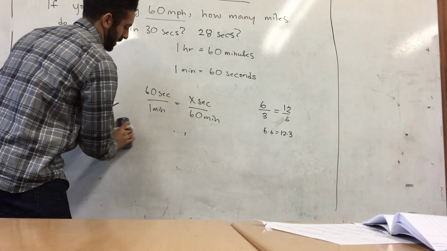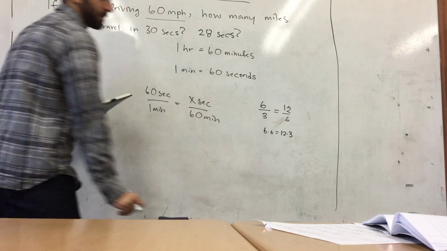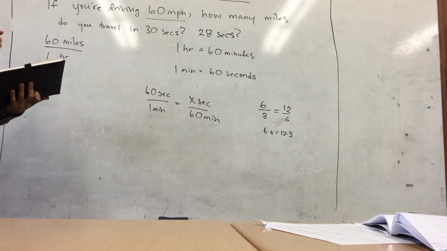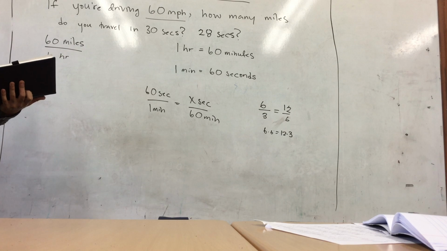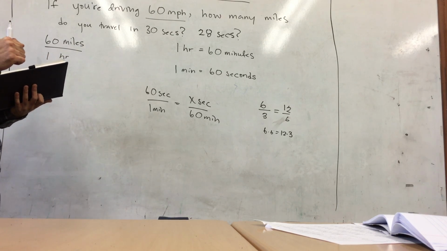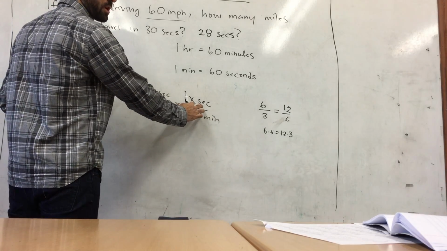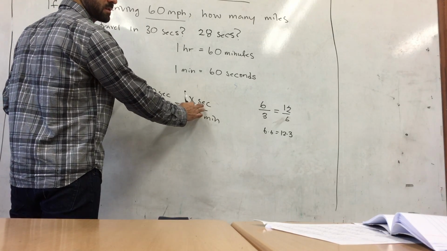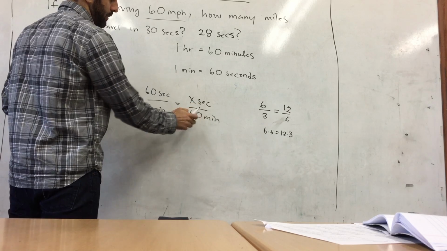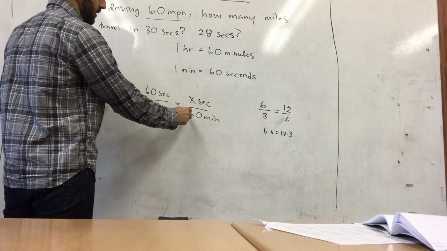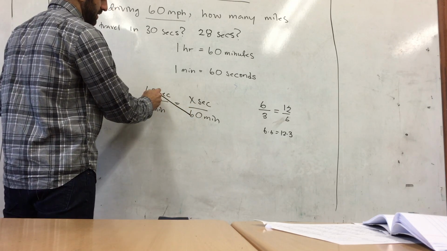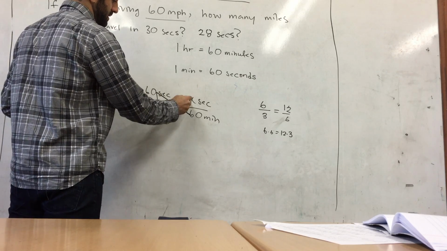Alright, let me show you a shortcut that's going to come in handy for the rest of your life. Okay? Are you ready? It's called the figure 8 shortcut. You start opposite from the x. Alright, start opposite from the unknown. And then you go this times this divided by this equals that.